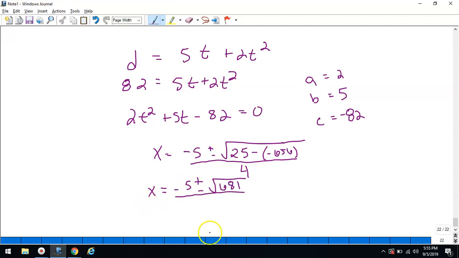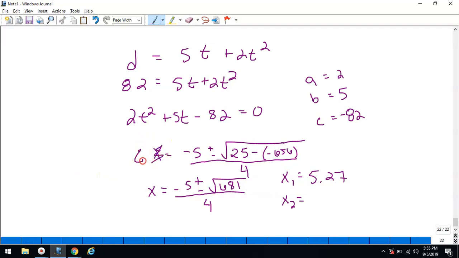all over 4. And then I'm just going to put this into the calculator. So x sub 1 is equal to, in my calculator I'm doing negative 5 plus the square root of 681, and then dividing that by 4, and I get 5.27. And x sub 2 is equal to, oh, and my x's are t's, you guys.